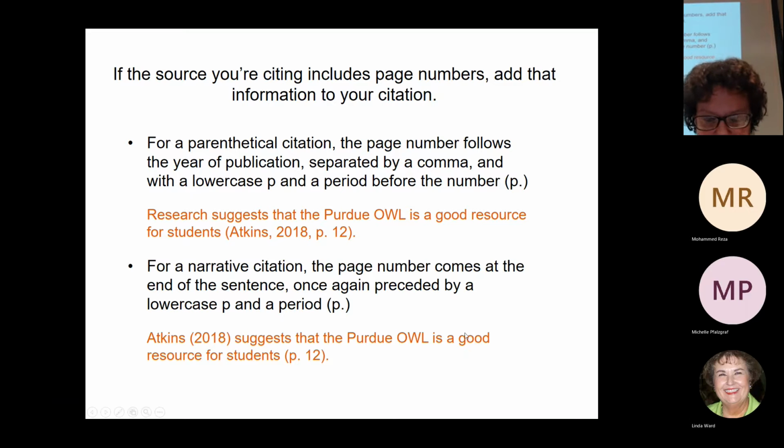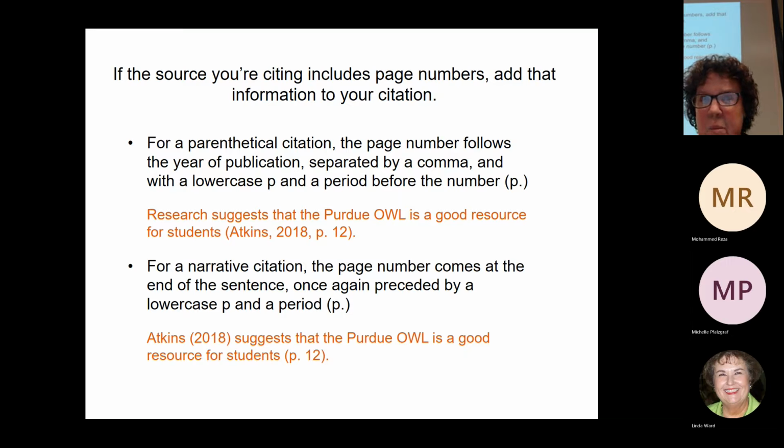And you'll notice here, if you're just using the parenthetical citation, you just add the p and the page at the end of the sentence. For a narrative citation, you have to include the year with Atkins at the beginning, and then put the page at the end.